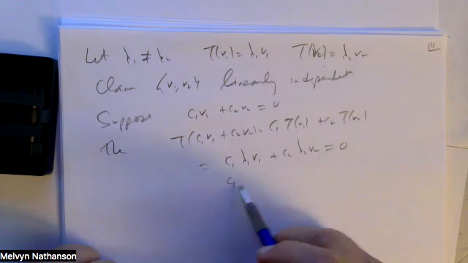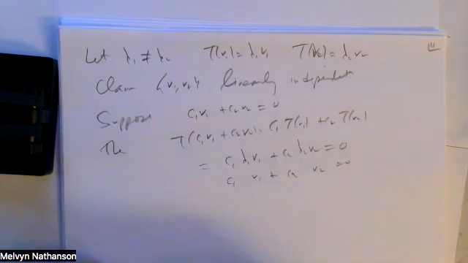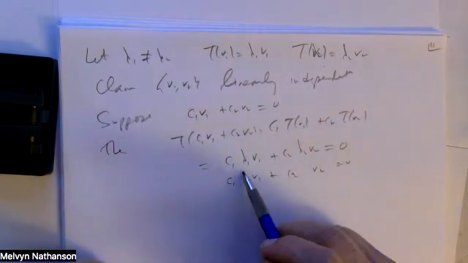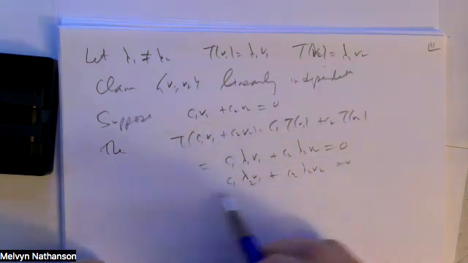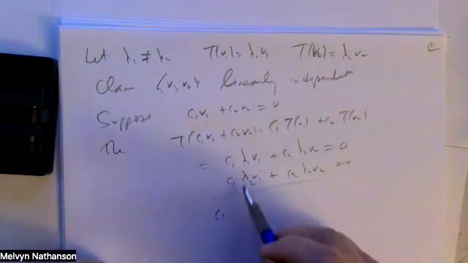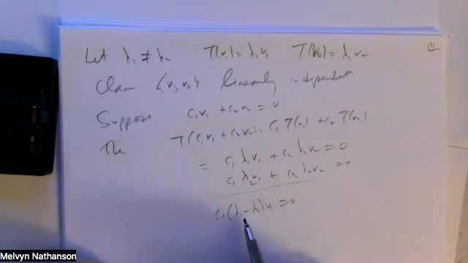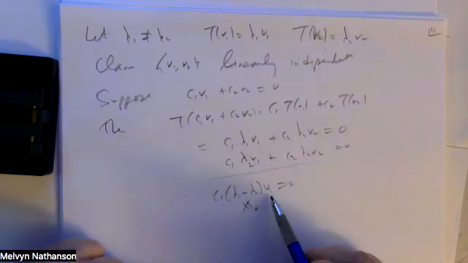But we also have C1 V1 plus C2 V2 equals 0. If we multiply the second equation by, let's say, lambda 2, and we subtract, we get C1 times lambda 1 minus lambda 2 times V1 is 0. Lambda 1 is different from lambda 2, so this is non-zero.